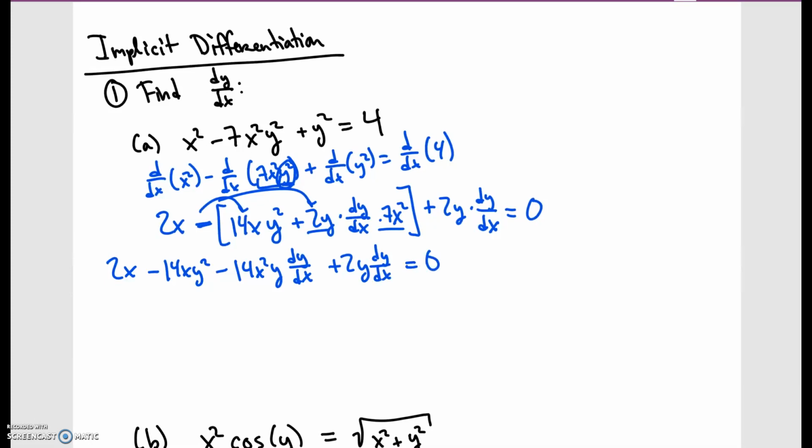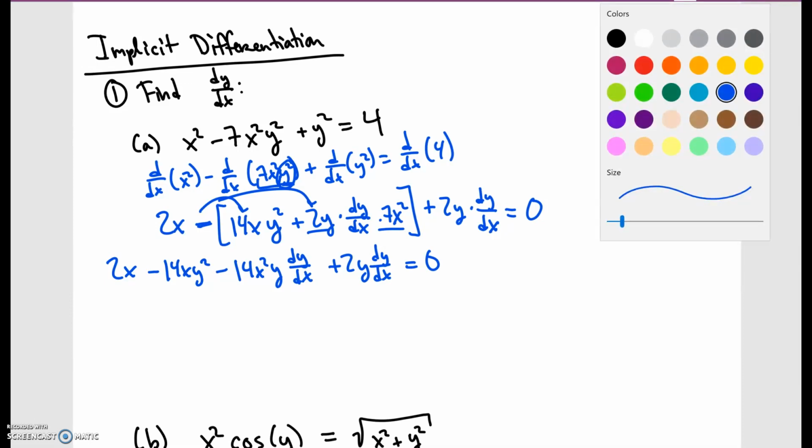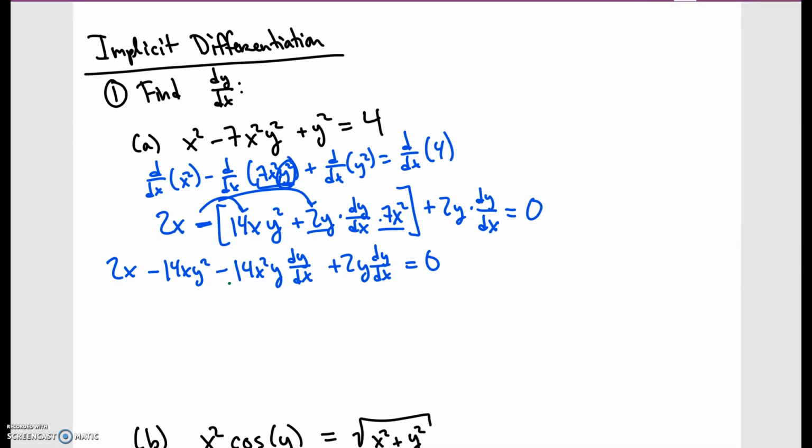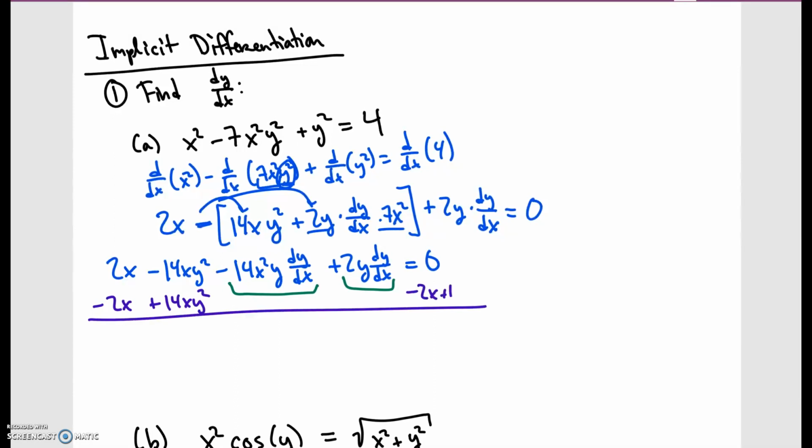Plus 2y dy over dx is equal to 0. Now I want to solve for dy dx. So this term has a dy dx and this term has a dy dx. So let me move everything that doesn't have a dy dx. I'm going to move this 2x over and this 14x y squared over to the other side. I'm going to do both of them at the same time.